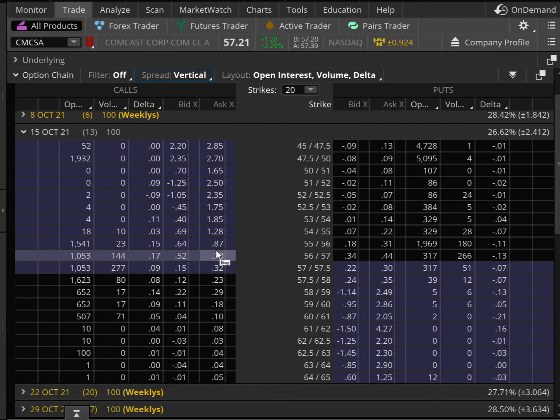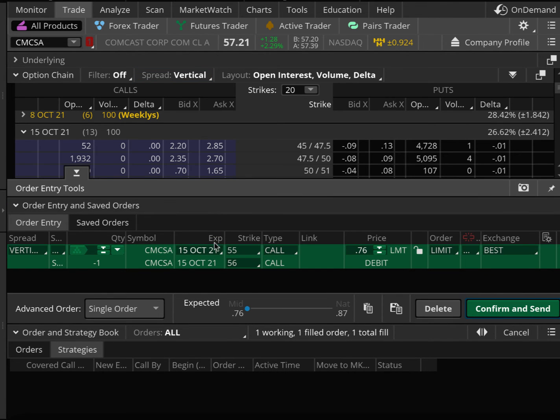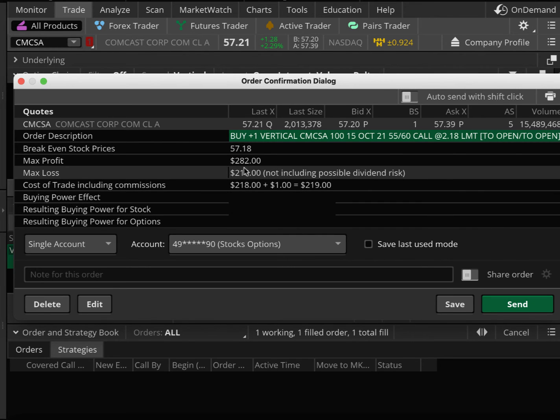So we can try to buy the 55, but here, since we know that the price will probably go to 60, we're going to buy the spread and profit from the entire movement here. You're going to buy it for $218 or $2.18 per contract. And our profit is $282 if it goes to $60. So I'm going to delete that.